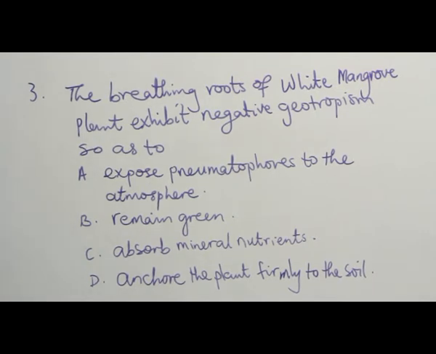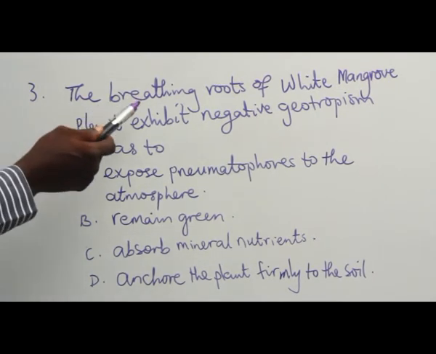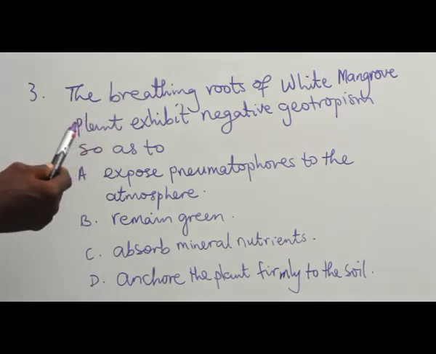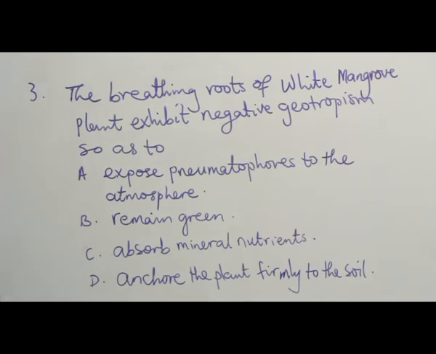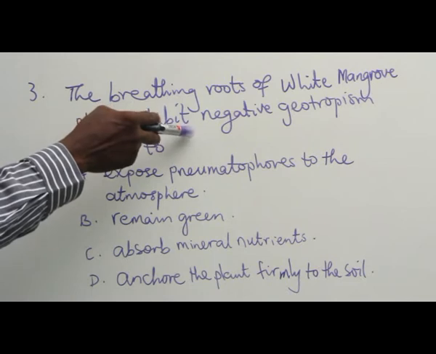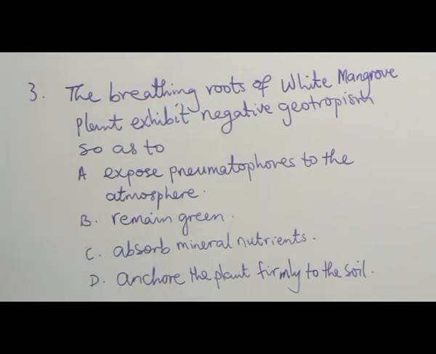Now, breathing roots in white mangrove plants grow out of the soil to the air. That is why we say they exhibit negative geotropism. All roots grow towards the force of gravity, that is into the earth. But this root is growing against this force, so it is negative geotropism.